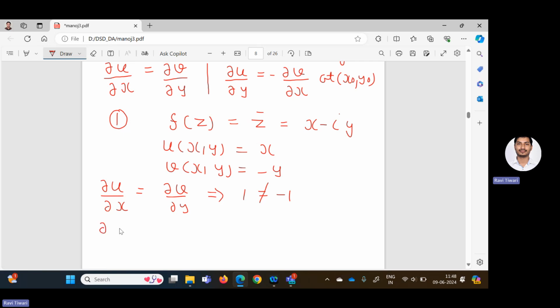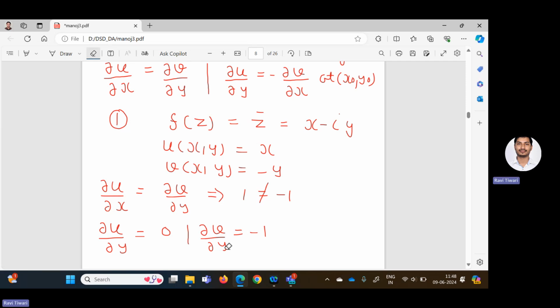Similarly, we can check the second component, dou u by dou y. Dou u by dou y is 0, because u does not contain any y. Sorry, here the second component is dou v by dou x, not dou v by dou y.